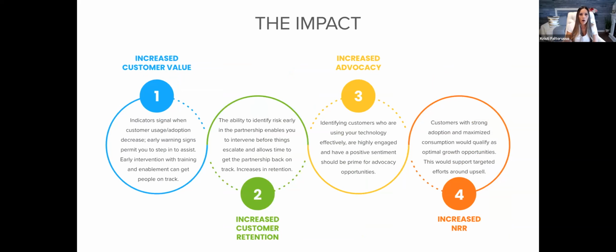Now, if you do all of this, right, you hopefully should see some impact. So when I've seen a good health score configured, when I've seen all the right KPIs pulled in, when I've seen it constructed with the right weighting, and I've seen my team really, really use it, I've seen the following. I've seen an increase in my customers' value, right?